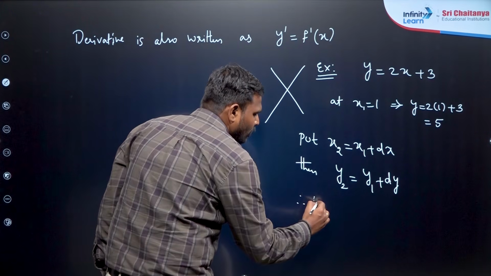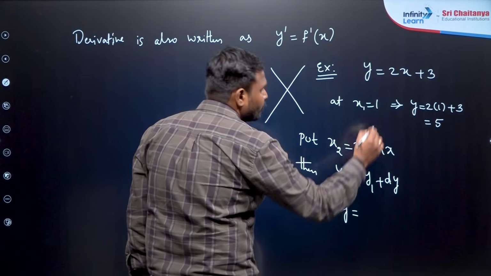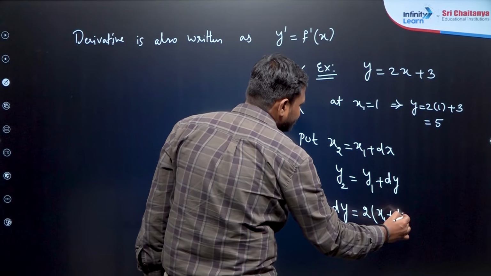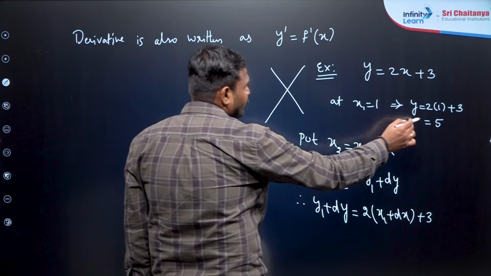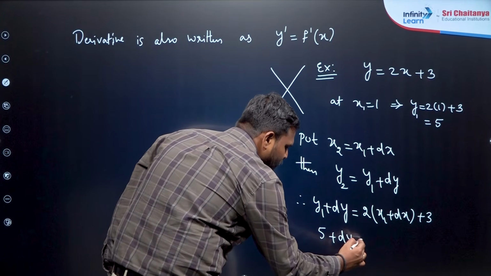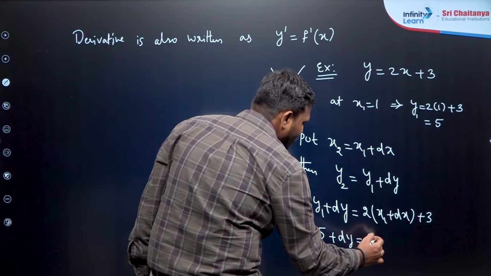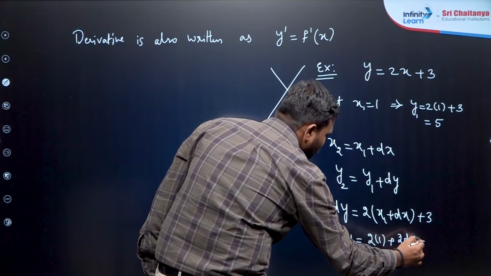So y1 plus dy is equal to 2 into x1 plus dx plus 3. How much is y1? 5. So 5 plus dy is equal to 2 into x1, what is x1? 1, plus 2 into dx plus 3.